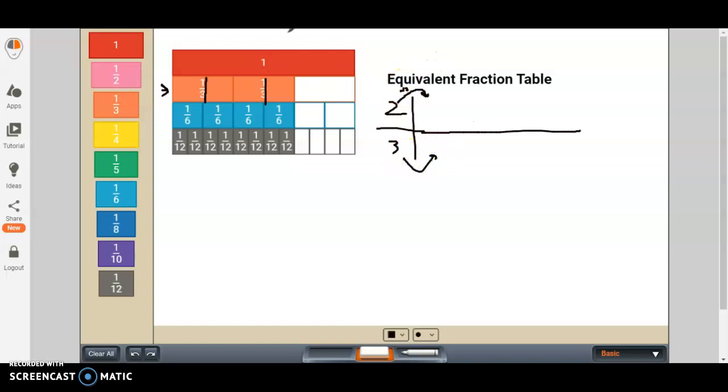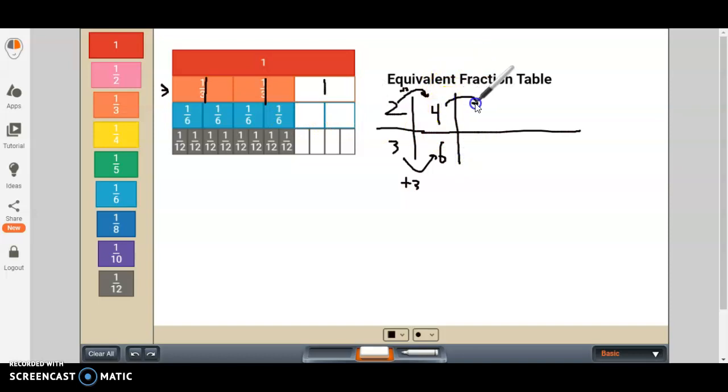And here I would have 1, 2, 3 extra pieces. So I'm adding by 3. So that is why 4/6 is equivalent to 2/3.